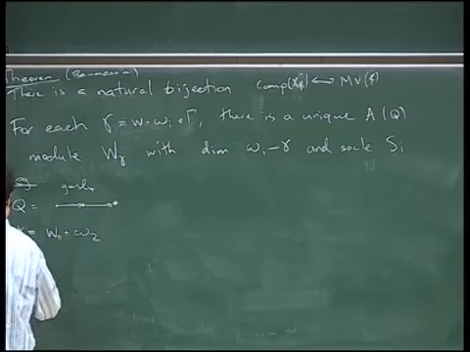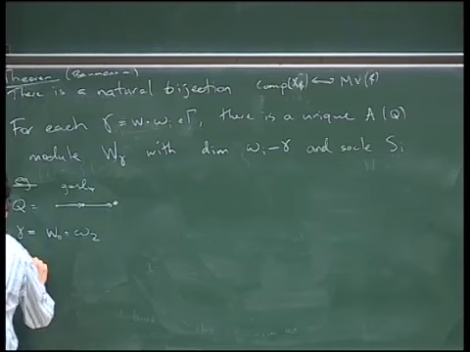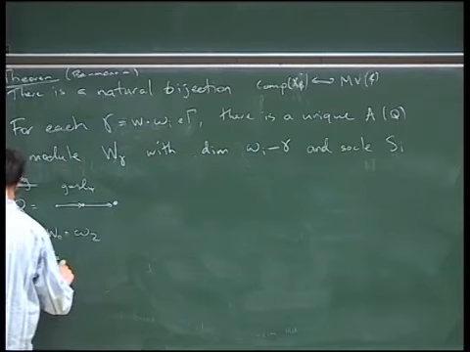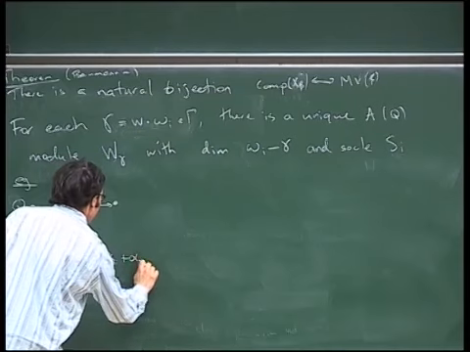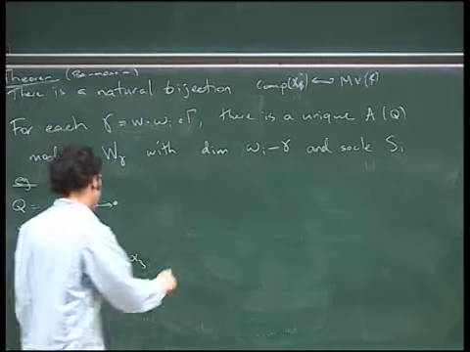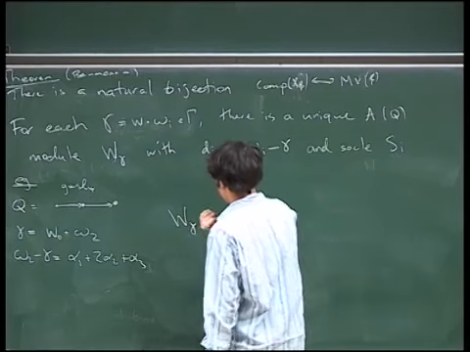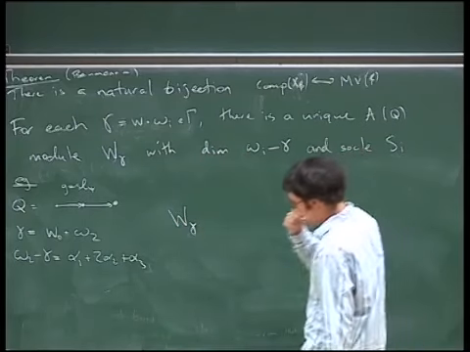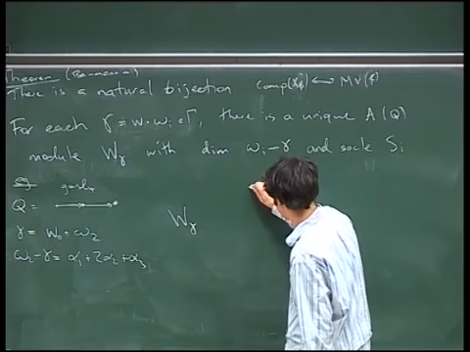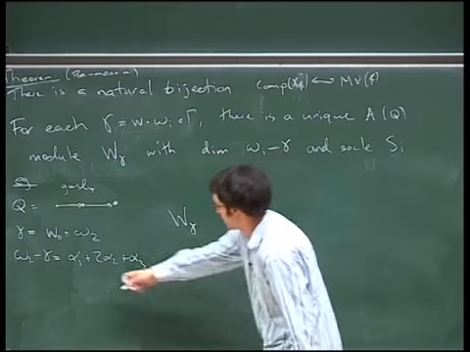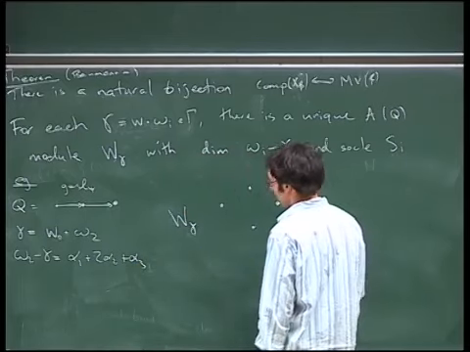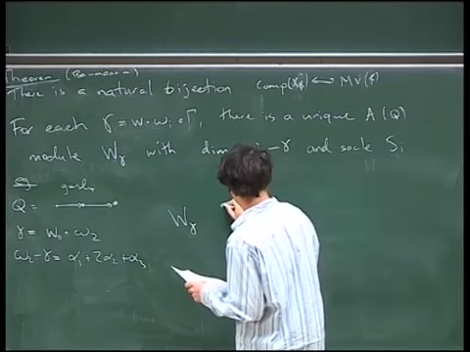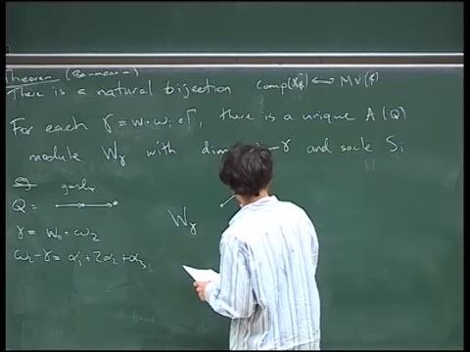So we're in G equals SL4. And if you check, you'll see that omega 2 minus gamma, what the dimension vector should be, is alpha 1 plus 2 alpha 2 plus alpha 3. So my module W gamma will have a two-dimensional space at this second vertex, and one-dimensional spaces at the first and third vertex, and will have socle S_i. So there's a unique way of doing that. It'll look like this.